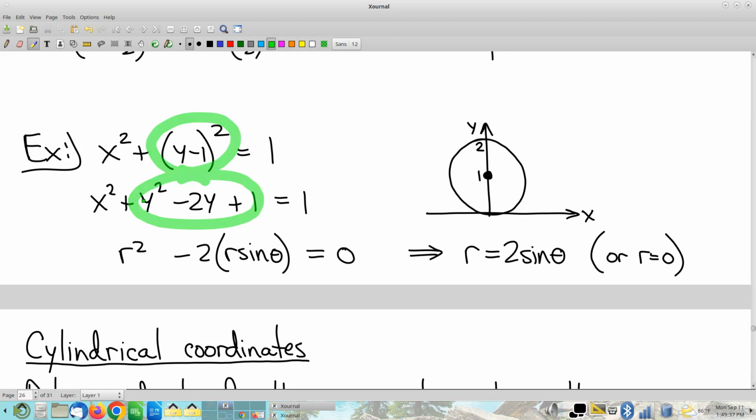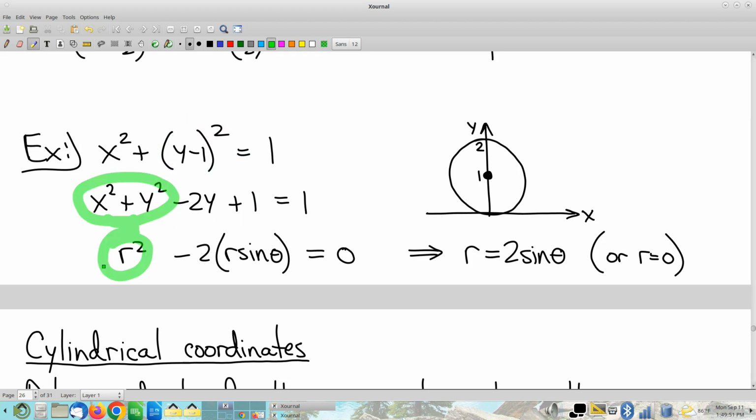The first thing I did is I squared out this squared term here, so I can see all of my individual terms. And the reason for that is very often you get lucky. Because I squared that out, I immediately see not just x's and y's, but I see explicitly x squared plus y squared, which we already know is r squared. It's one of our pat relationships in polar coordinates. So boom.